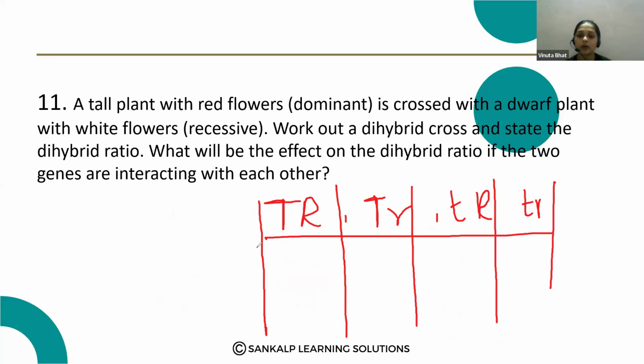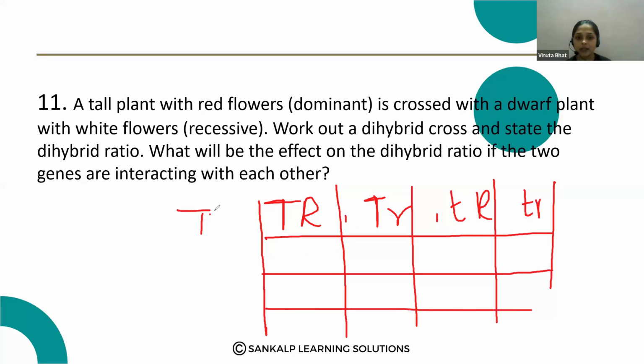Using the checkerboard, you have to find out the total number of types of progenies formed in the F2 generation. This dihybrid cross experiment has to be expressed through the checkerboard.